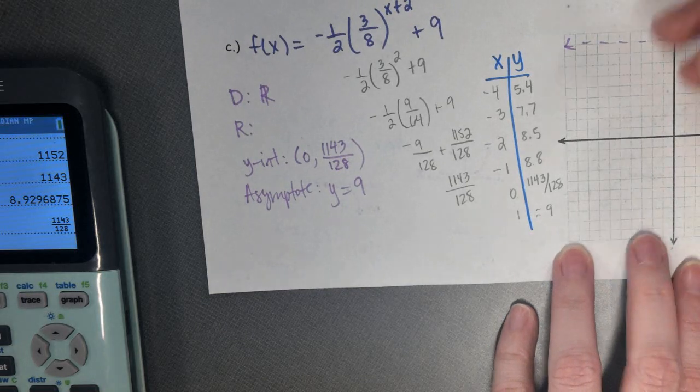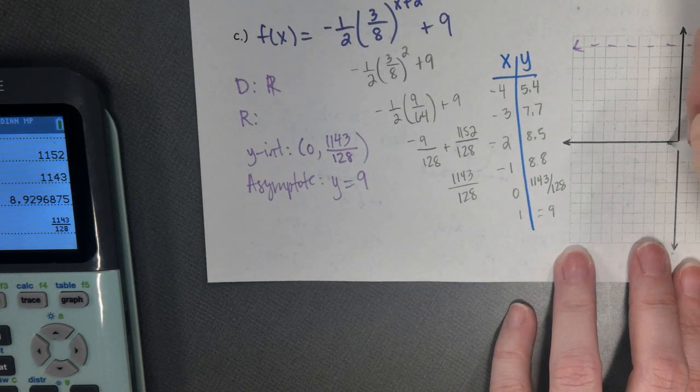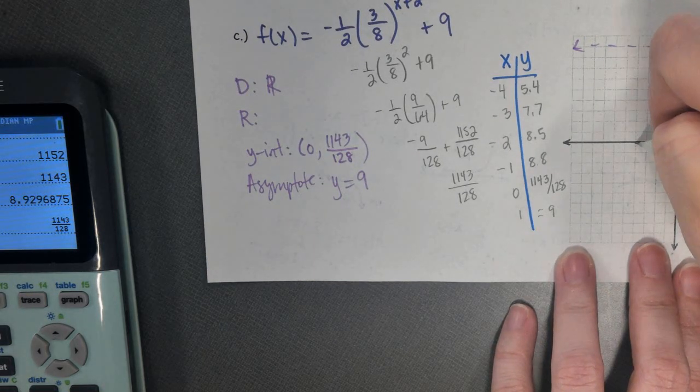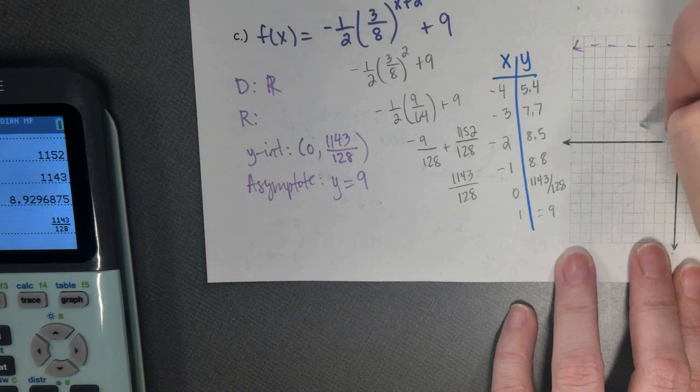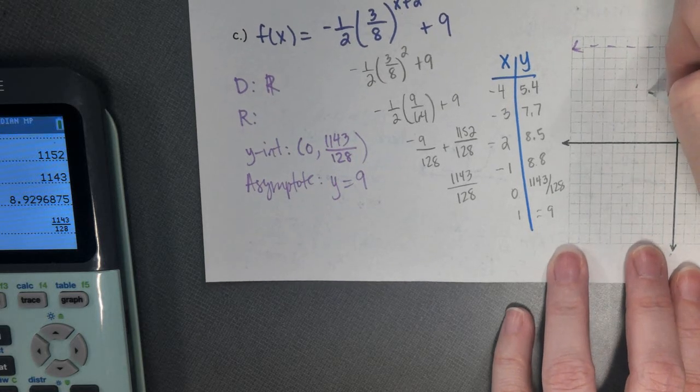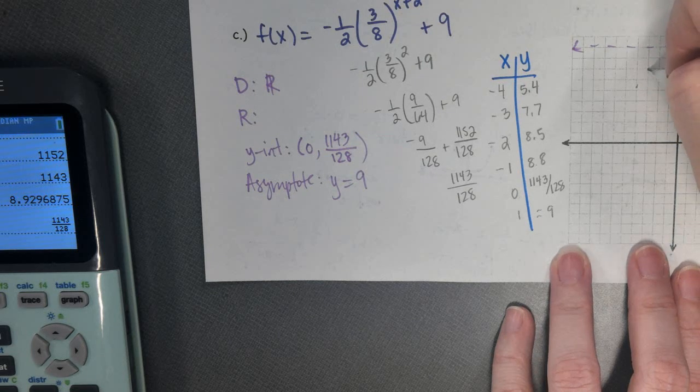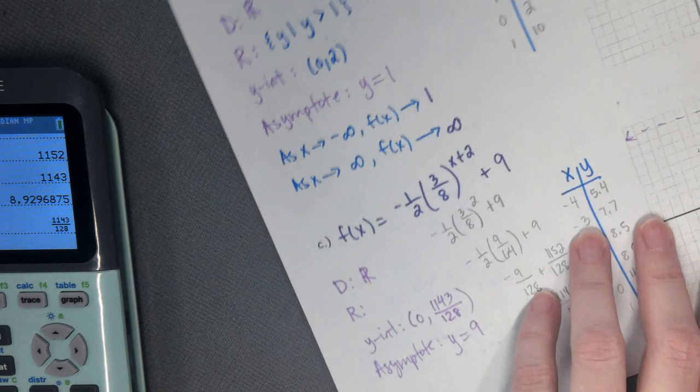Okay, so when you're graphing, you have negative 4, and then 5.4, negative 3, 7.7, negative 2 is 8.5, and then you're getting closer and closer to 9, okay?